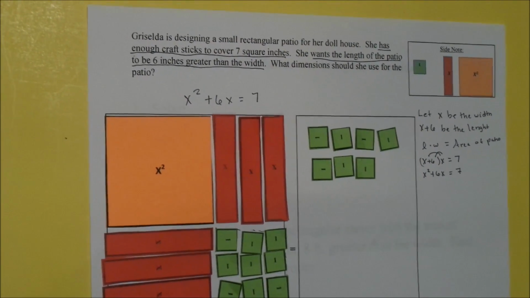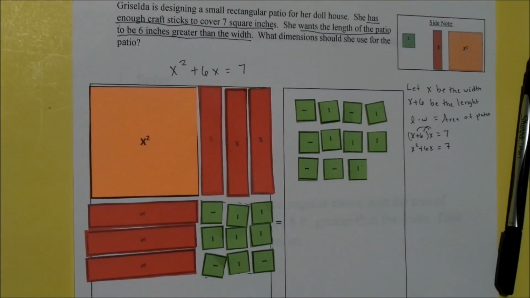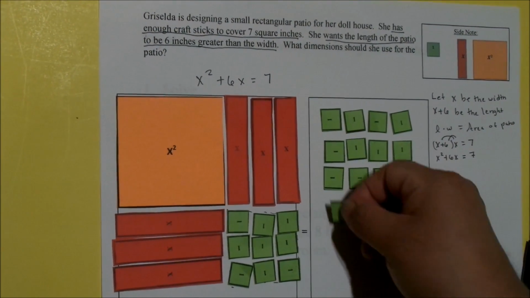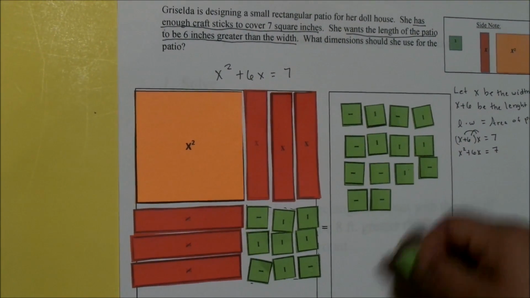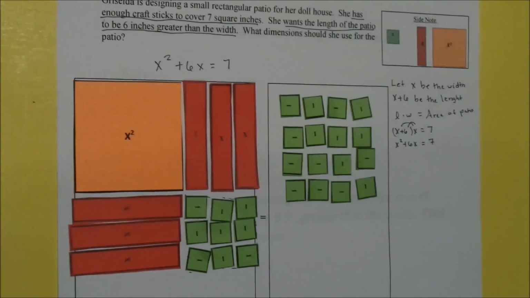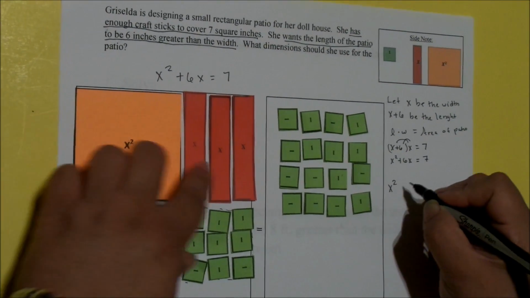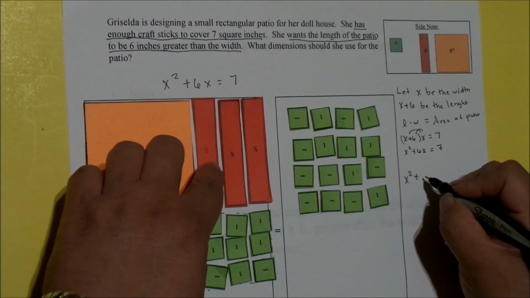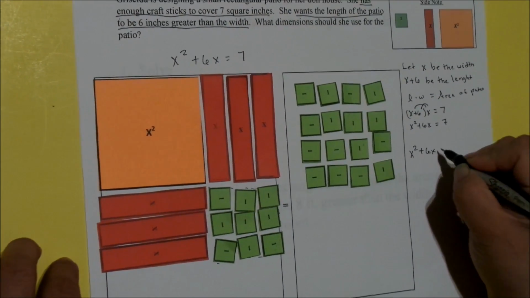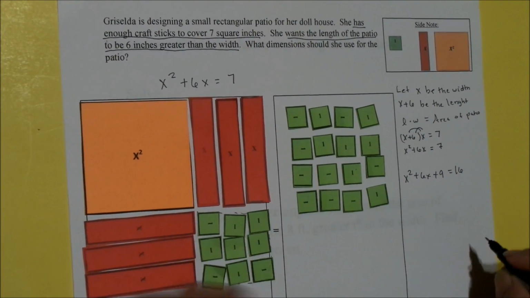Since we added 9 tiles on the left side, we must also add them to the right side: 1, 2, 3, 4, 5, 6, 7, 8, 9. So our trinomial in this case is x squared plus 6 x's, 1, 2, 3, 4, 5, 6, and 9, and we have a total of 16.